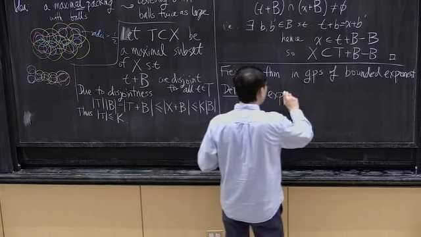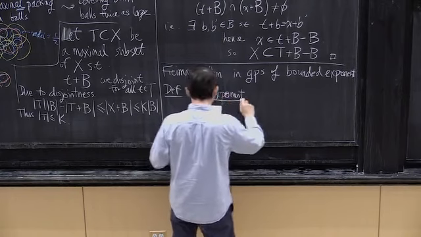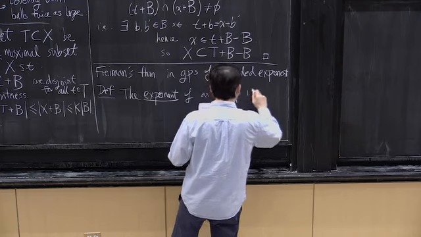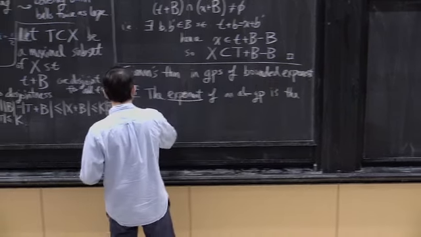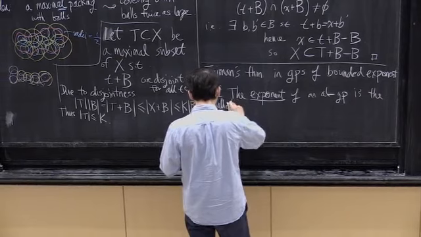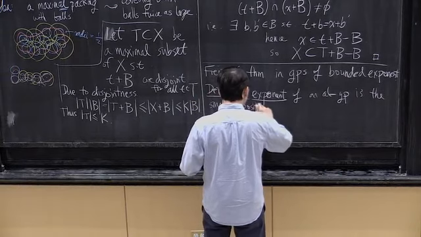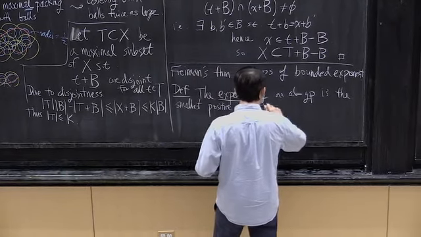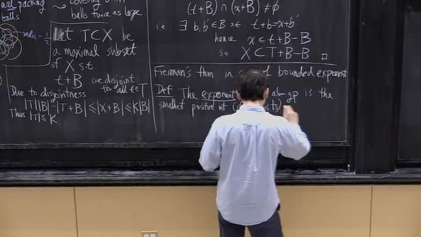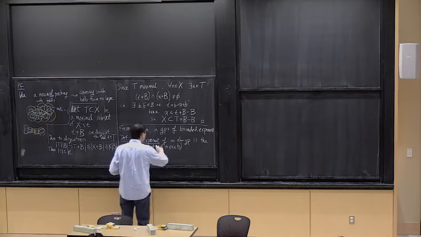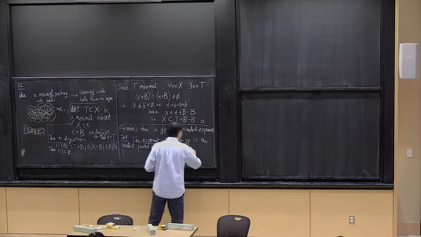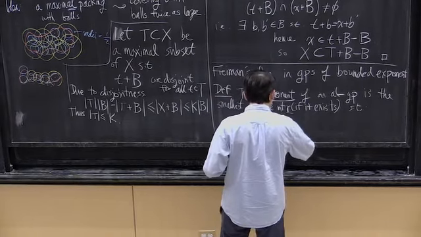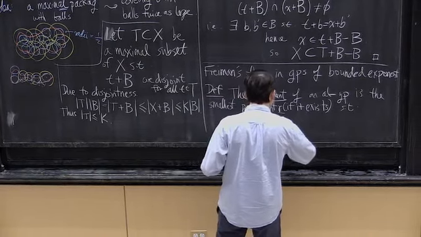The exponent of an abelian group is the smallest positive integer, if it exists, the smallest positive integer r, so that rx equals 0 for all x in the group.